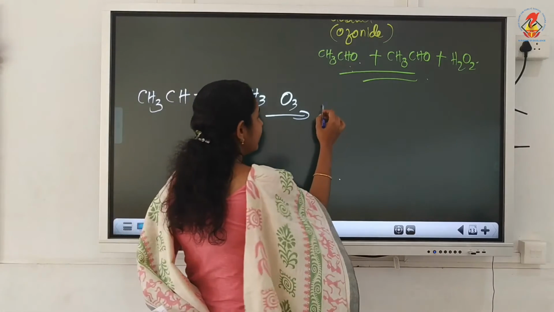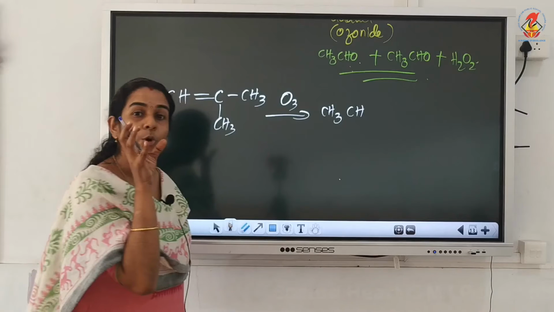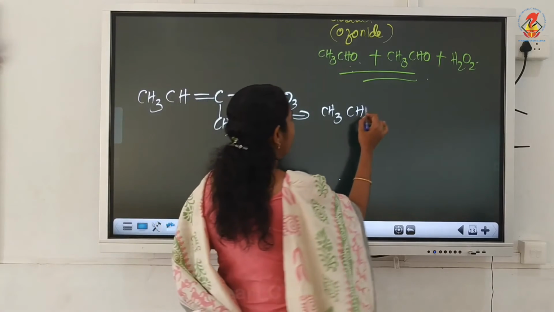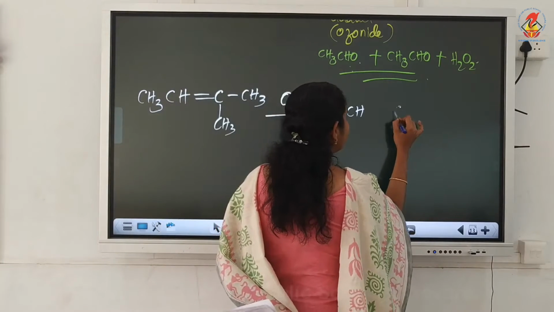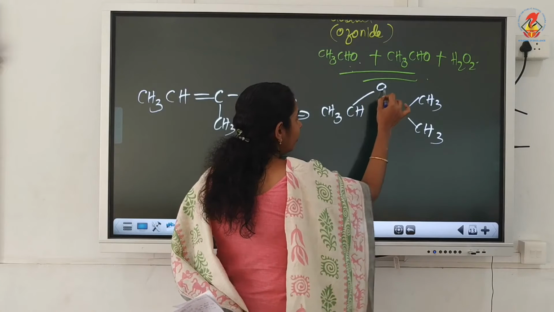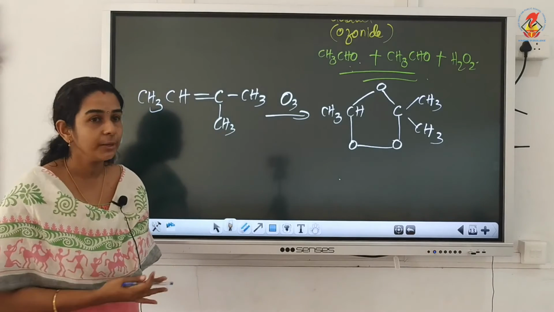So what we will get is CH3CH. By removing the double bond we have to add ozone. So the double bond we have to remove. On this carbon we have two CH3 groups. Hope it is clear to you. Now add ozone. We are adding ozone to the same double bonded carbon atoms by removing the double bond.